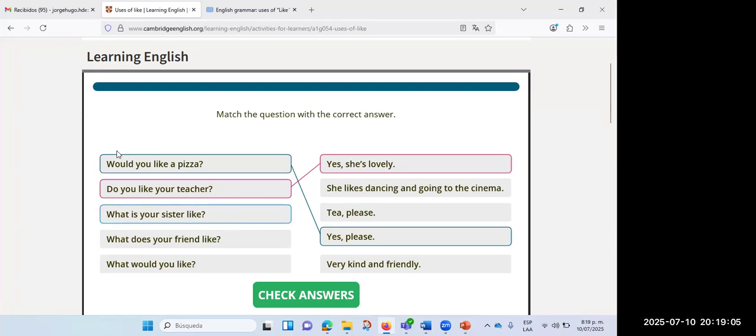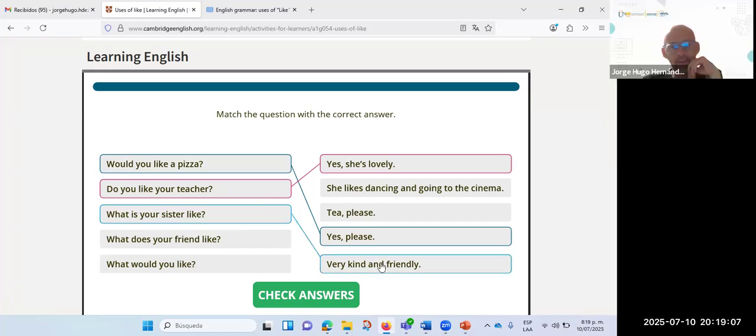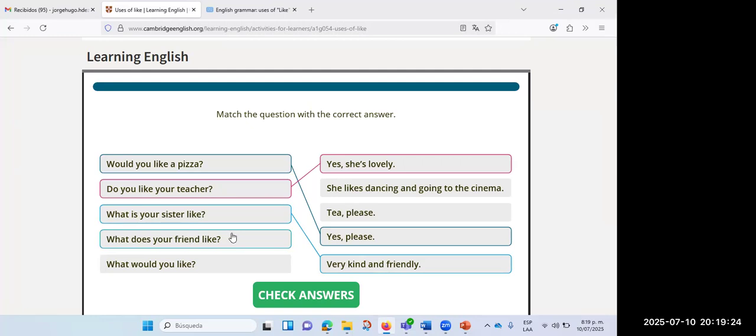Very kind and friendly. Who else? Let me see who else is here. Flor Marina. What does your friend like? She likes dancing and going to the cinema.